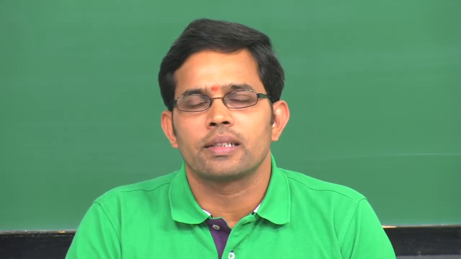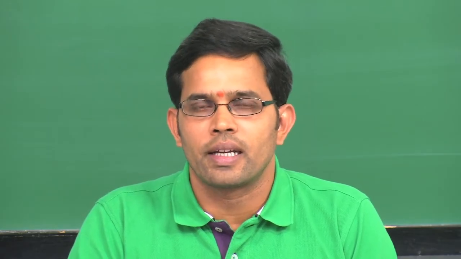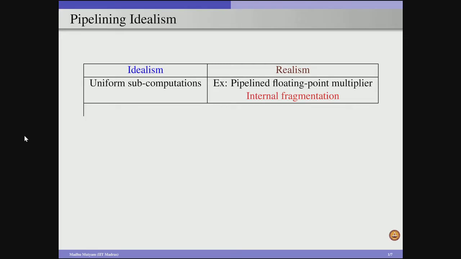There are several reasons for that. We illustrate why we are not getting the k-fold increase for a k-stage pipeline in reality by using different examples now. In an ideal scenario, the pipelining assumes that we divide our computation into uniform subcomputations.